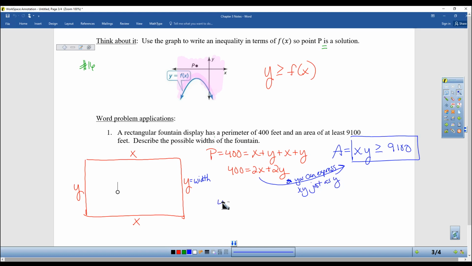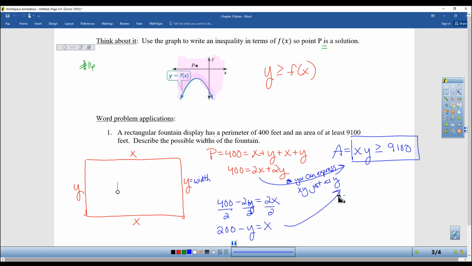Watch how we'll do that. 400 minus 2x is equal to 2y. Oop, I need to do it backwards. 400 minus 2y is equal to 2x. Divide by 2, divide by 2, divide by 2. 200 minus y is equal to x.